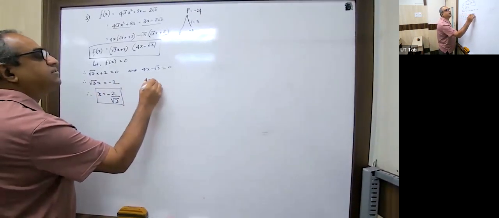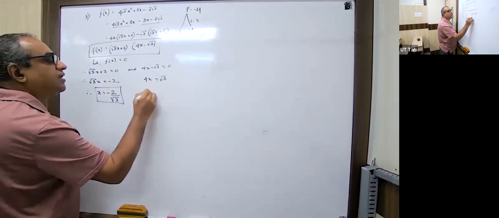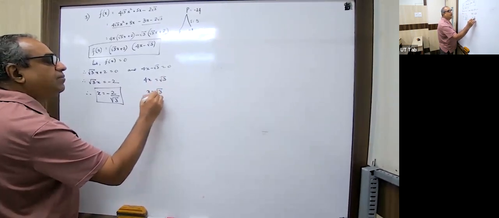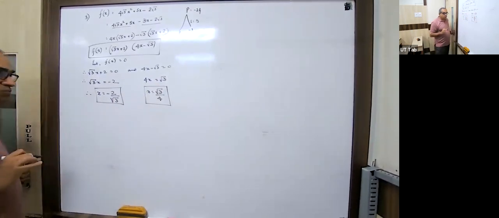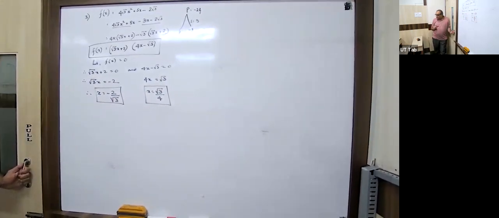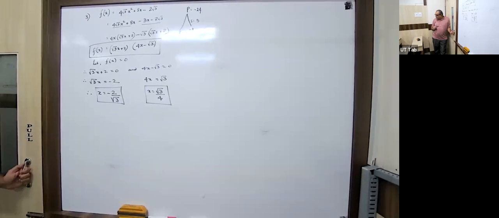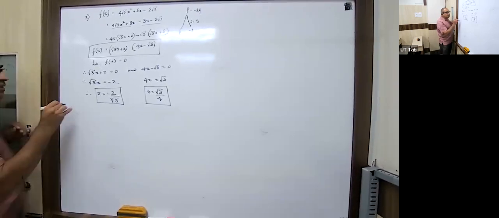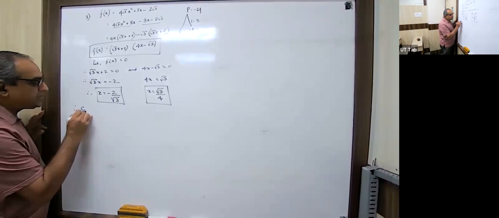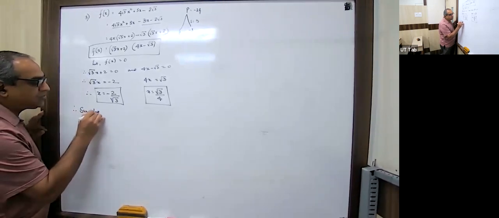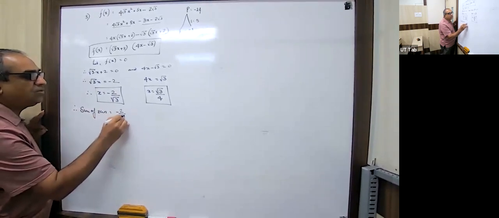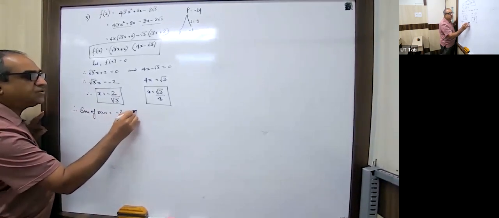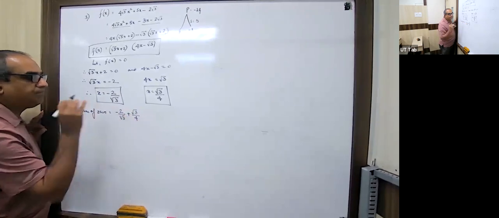4x is equal to root 3. Therefore, x is root 3 by 4. This is my second zero. One is alpha. Other one is beta. Therefore, sum of zeros is minus 2 by root 3 plus root 3 by 4.